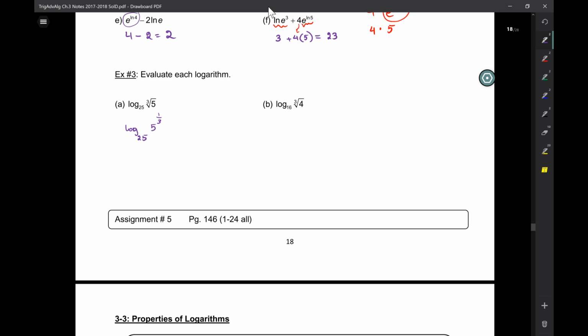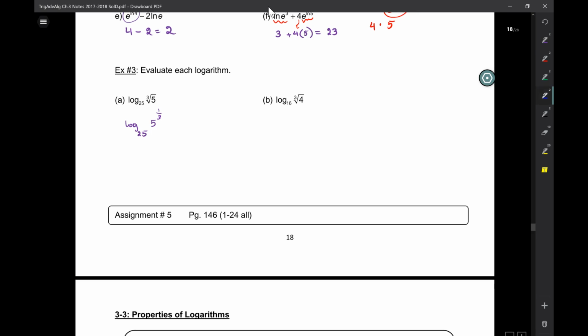It's just 1/3, but it would be 1/3 only if the 5 and the 25 were the same. But they're not. So here's the question. Can I write 5 in terms of 25? So what's 5?